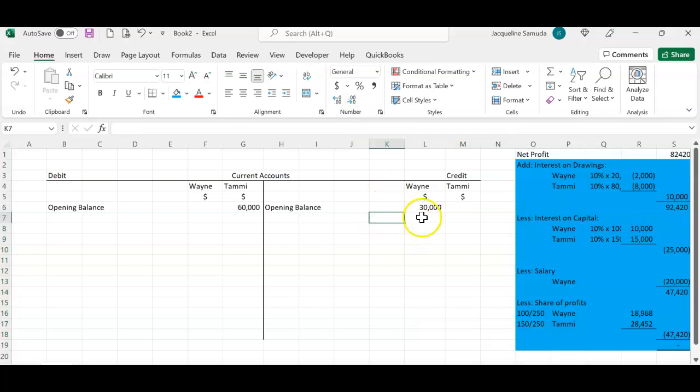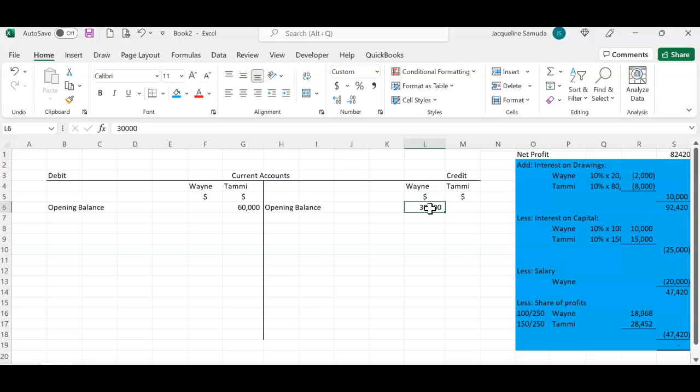Okay, now what does this credit balance mean? It means that Wayne owes the business money. Sorry, it means that the business owes Wayne money. He's like a creditor. If you look in the trial balance, the line called creditors, which is the list of persons who you owe money, their figure is in the credit column.